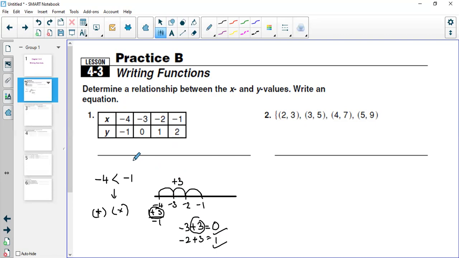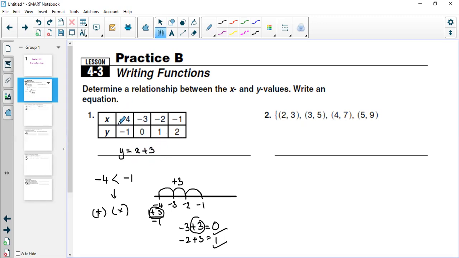So how are you going to write the equation now? Always start your equation with y equals, or you could even say f of x equals, because that both means the same. So y equals the value of x, we are just adding 3 to the value of x. So that means x plus 3. So this is the equation, and this is how you need to write it.